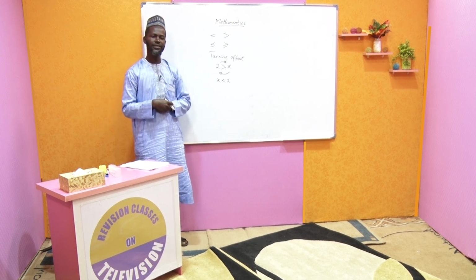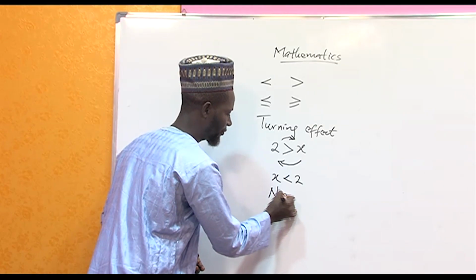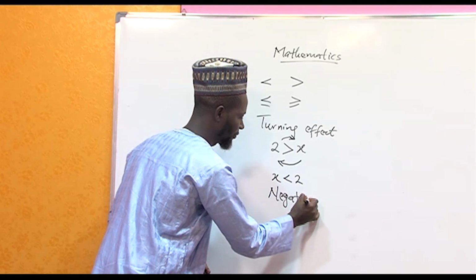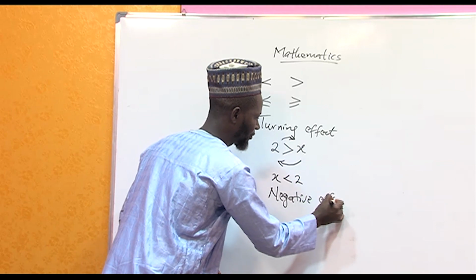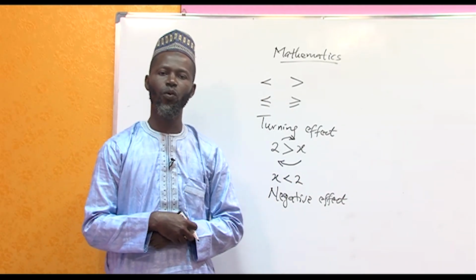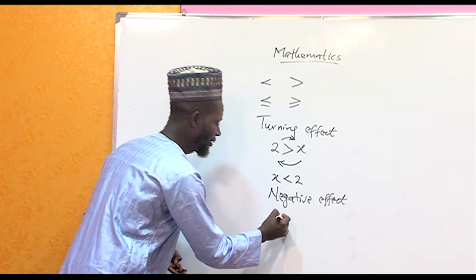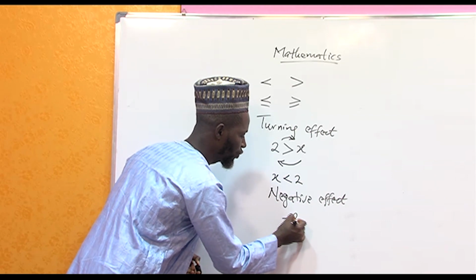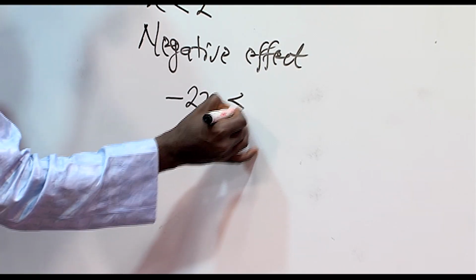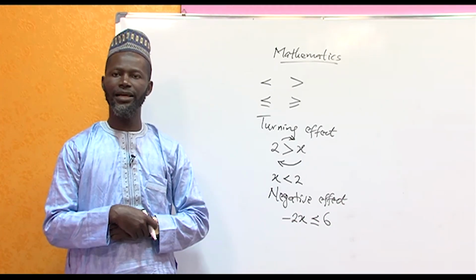And the second one is negative event. Negative event simply means when you divide both sides by a minus. Let's assume that we are given minus 2x less than or equal to 6. We are looking for the value of x.